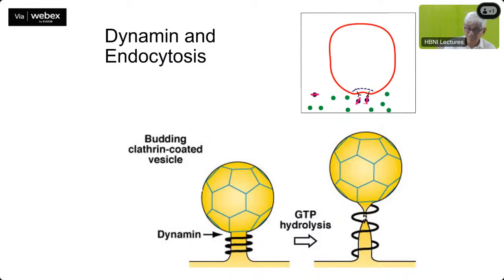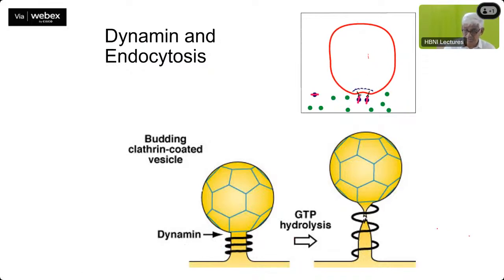So when this molecule has to be internalized into the cell, dynamin wraps around the neck, forms a big rope, and with GTP hydrolysis, this will get cleaved and then the vesicle is internalized.